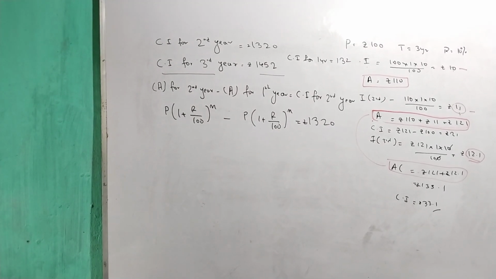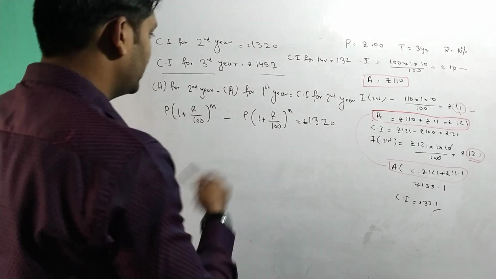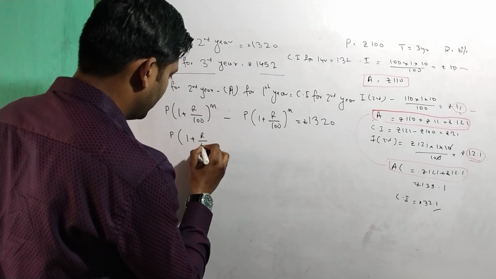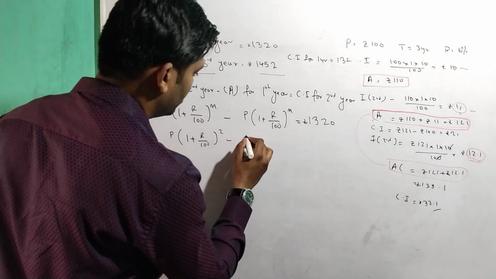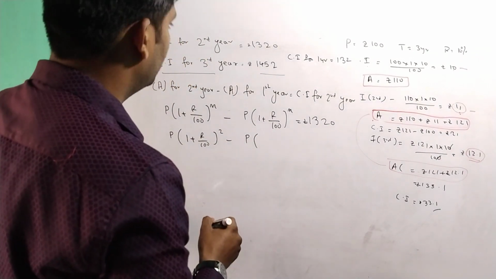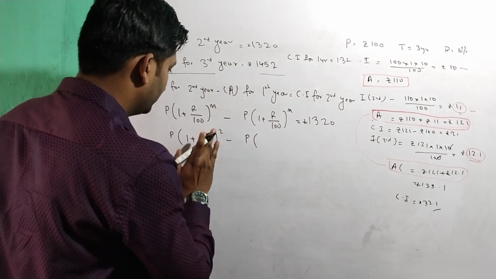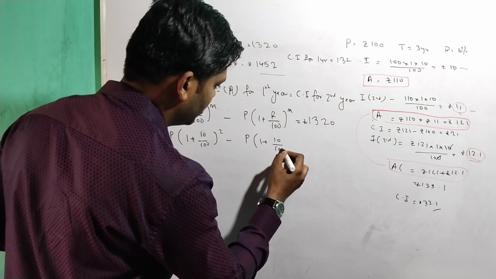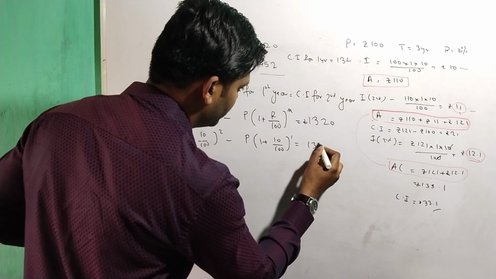Where N is 2 years in one term and 1 year in the other, P is there, 1 plus R by 100. R we have is 10%, so directly I can write 10%: 1 plus 10 by 100, equal to 1320.